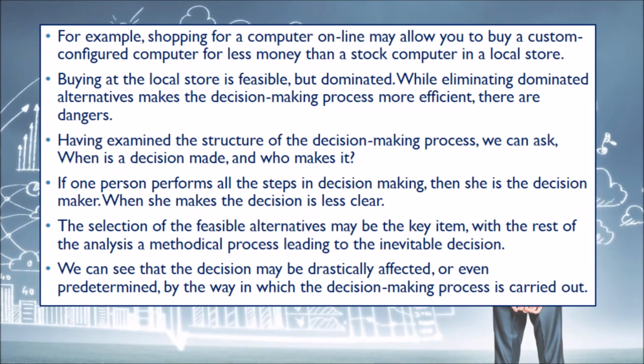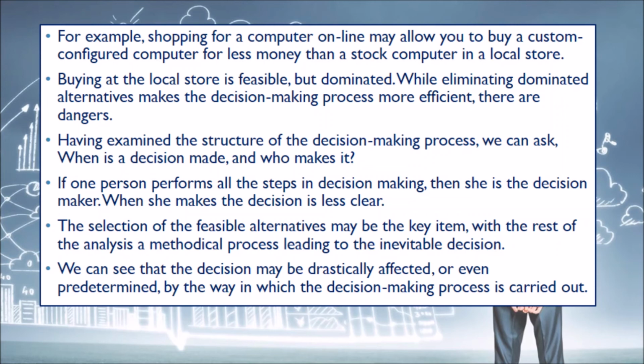For example, shopping for a computer online may allow you to buy a custom configured computer for less money than a stock computer in a local store. Buying at the local store is feasible but dominated. While eliminating dominated alternatives makes the decision-making process more efficient, there are dangers.